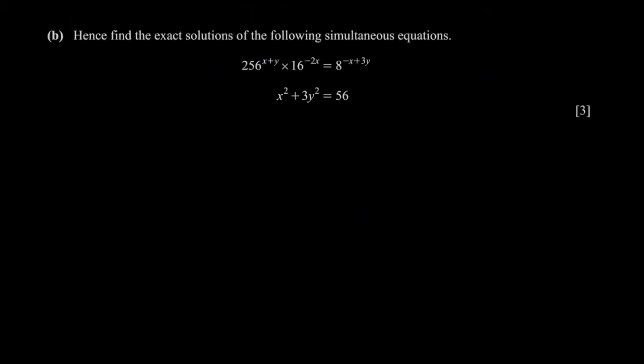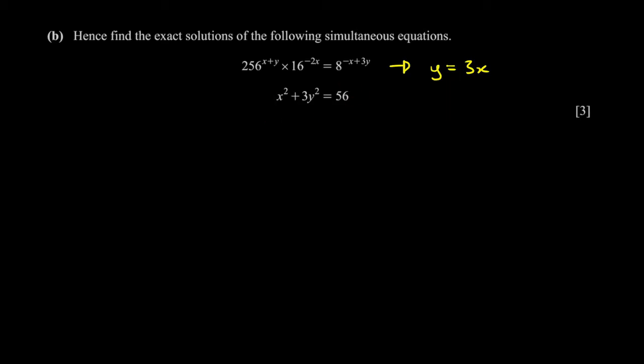Hence, find the exact solutions of the following simultaneous equations. This first one we've already simplified, and this one here, x squared plus 3y squared is equal to 56. Well, as we just said, this simplifies to give y is equal to 3x. So we just have to substitute y is equal to 3x into this equation.